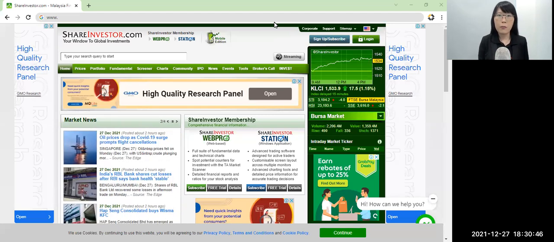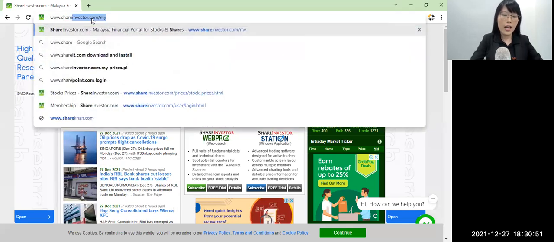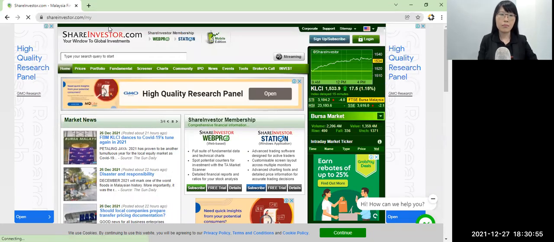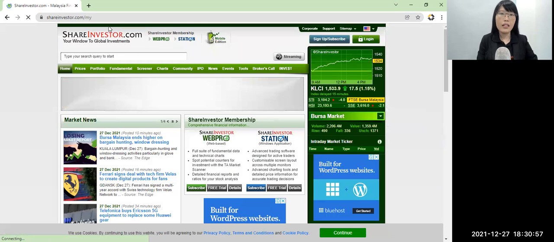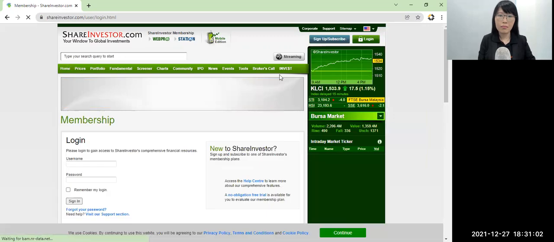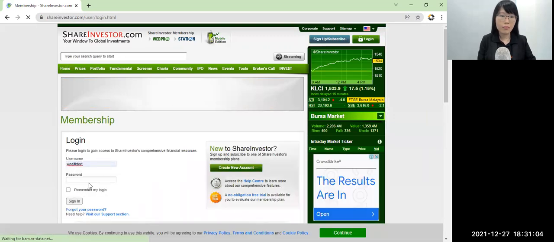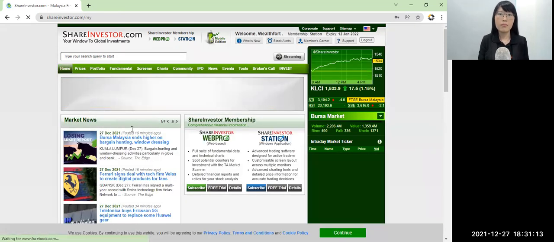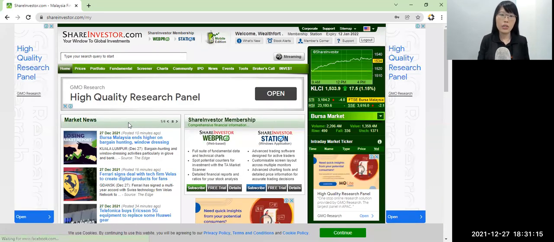So first of all, we need to go to www.shareinvestor.com/my. Then you need to log in to your ID. So this is the home page.